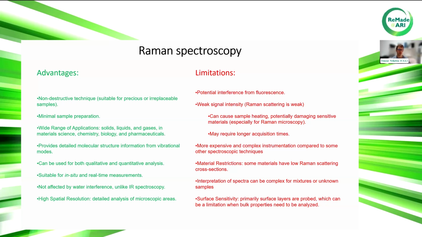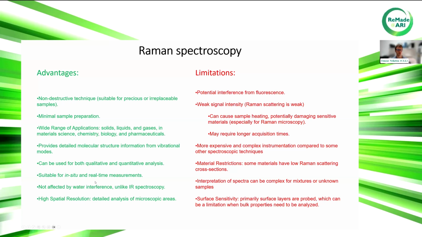We get detailed information about the structure of our system by analyzing these vibrational modes. We can use this technique for both qualitative and quantitative analysis. Qualitative is easier, but quantitative is a bit tricky because there are several parameters which can affect the intensity of the bands. It's possible to do.